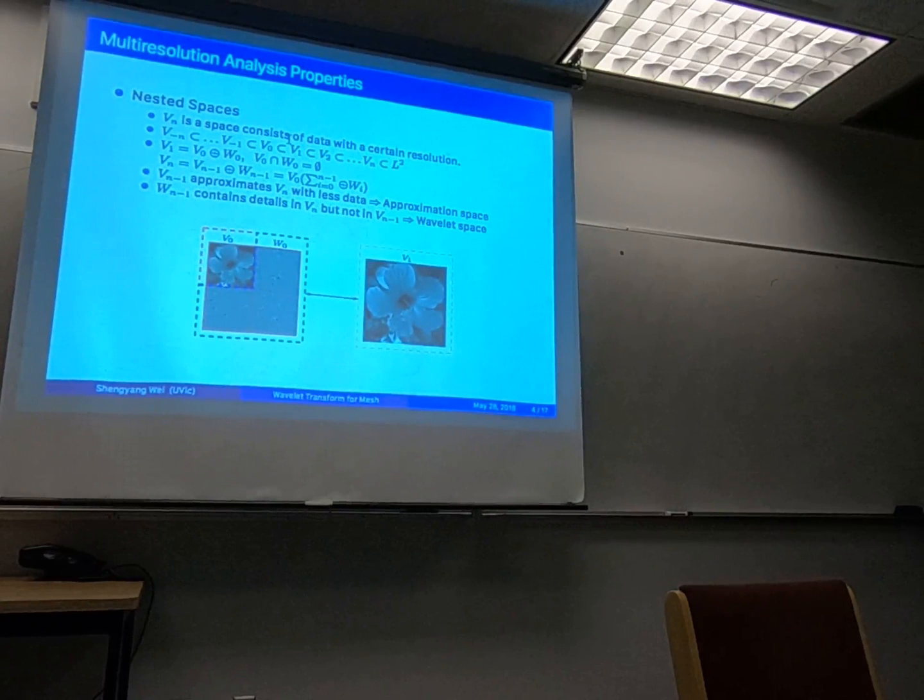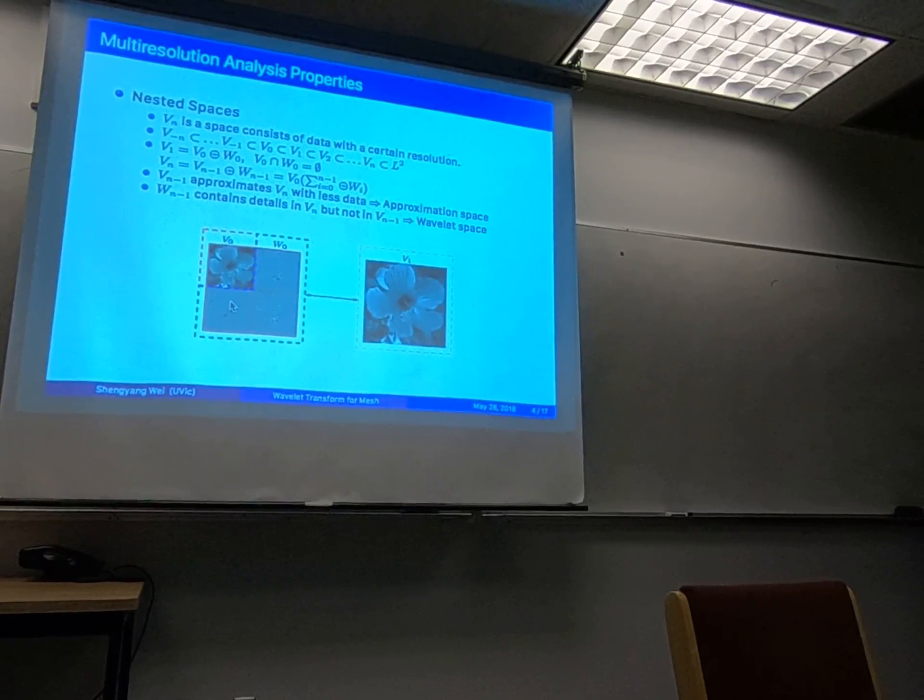Suppose a two-dimensional figure is in a space V1, and after a wavelet transform, the space V1 is decomposed into V0 and W0. The V0 is an approximation. You can still recognize the flower, similar to the input, and some details exist in space W0.